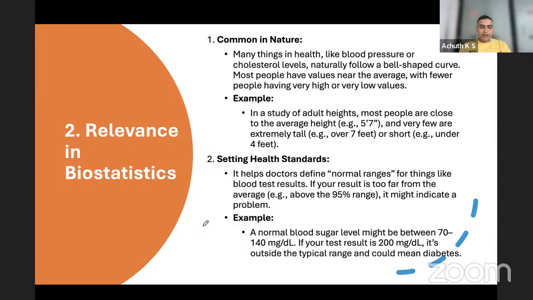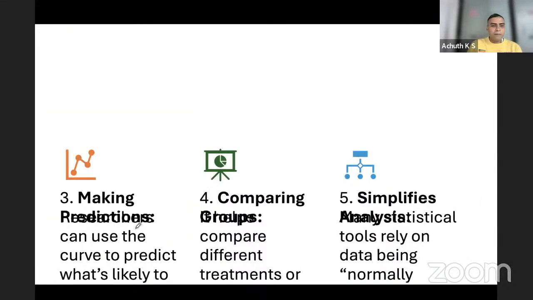So when you want to decide a normal blood sugar or a diabetic range, you can't say that a person who is having 200 is also diabetic, you can't say a person who is having 140 is also diabetic. So you need to fix a range. That range can be fixed by the normal curve. It helps in making predictions, comparing two groups, and helps in analyzing the data.